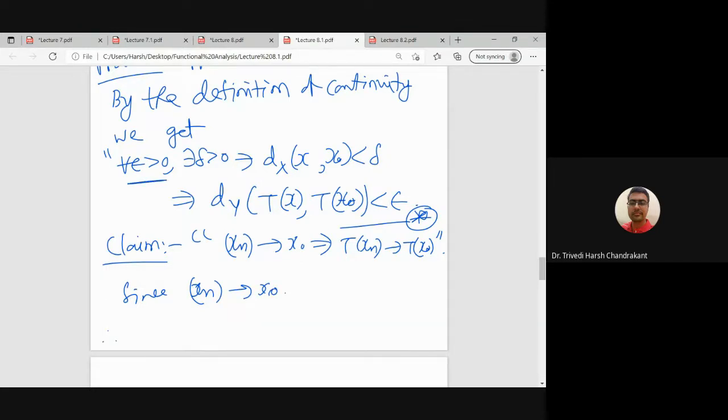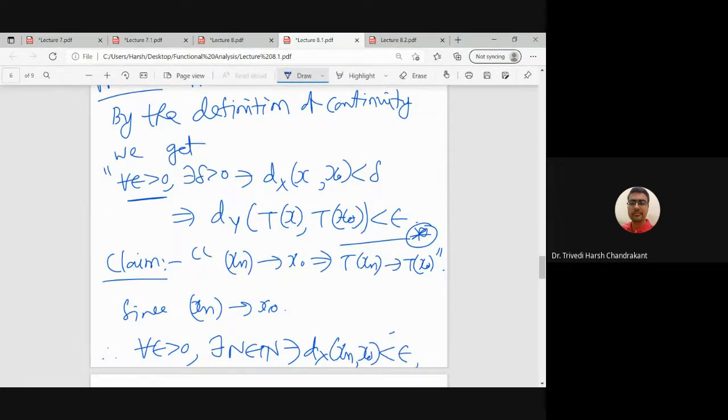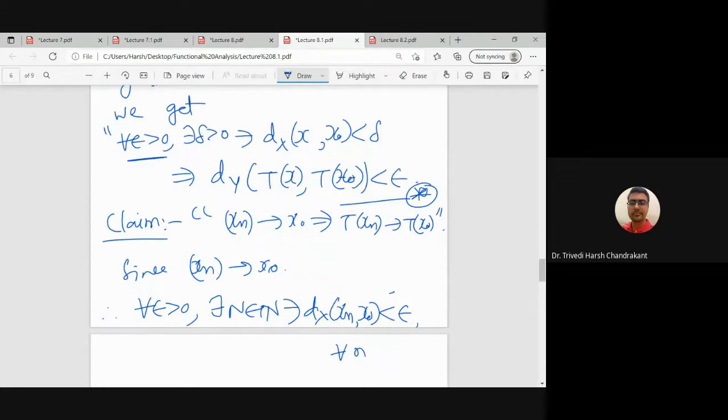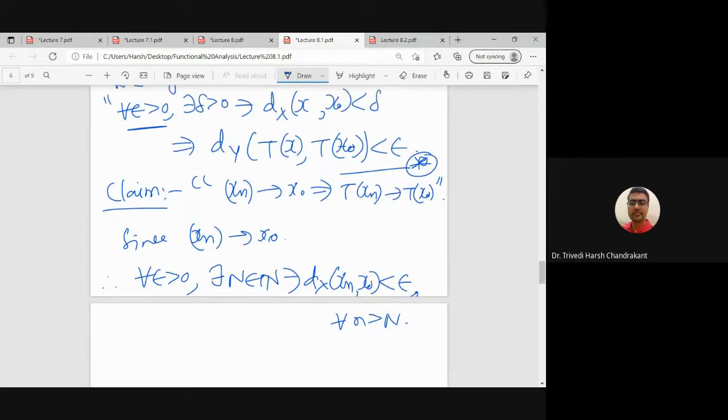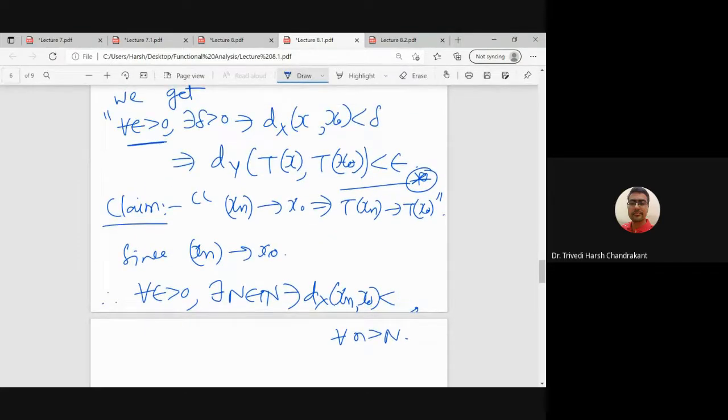for every epsilon greater than 0, there exists some positive number N such that xn approaches x naught for all n greater than N. This is coming because xn approaches x naught, and we are doing this for delta, so that we can use star.